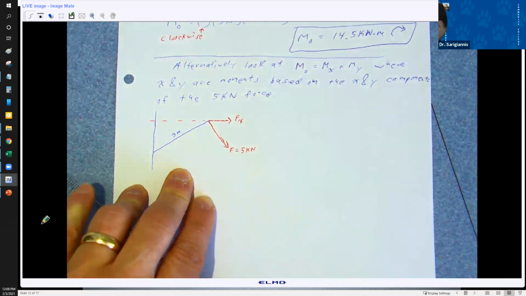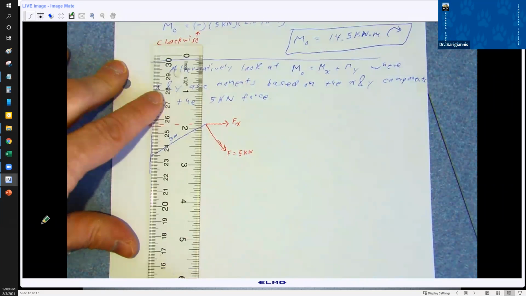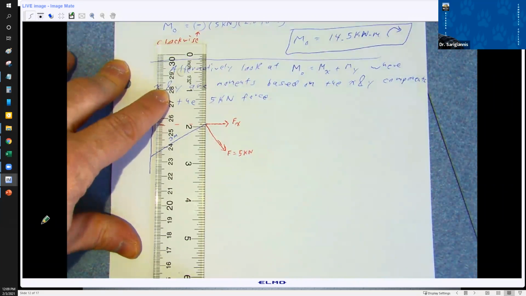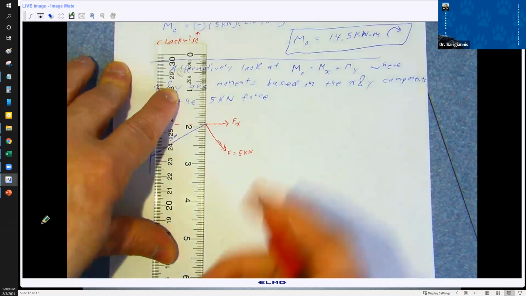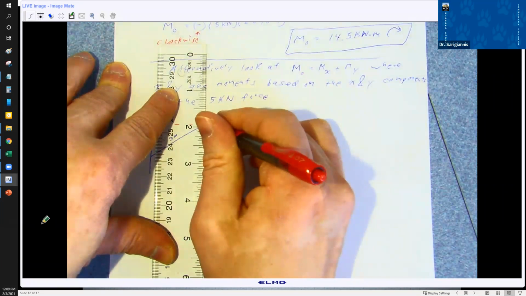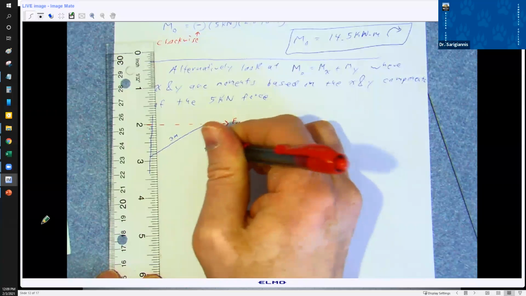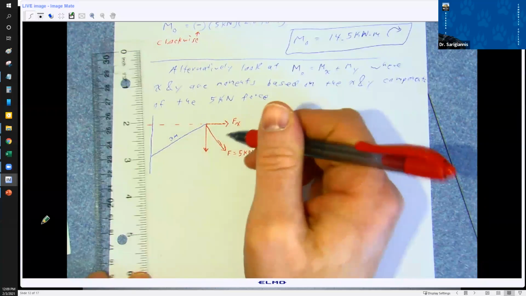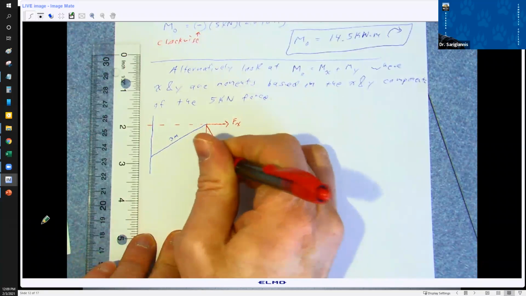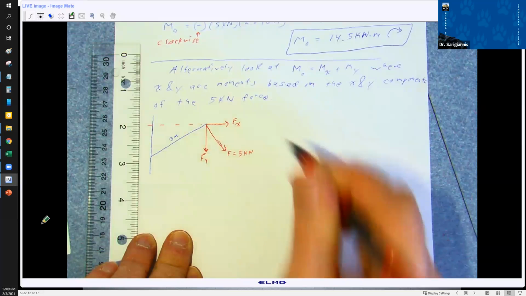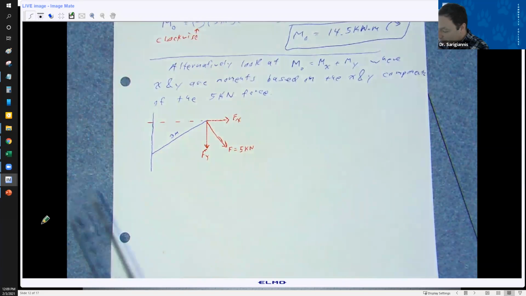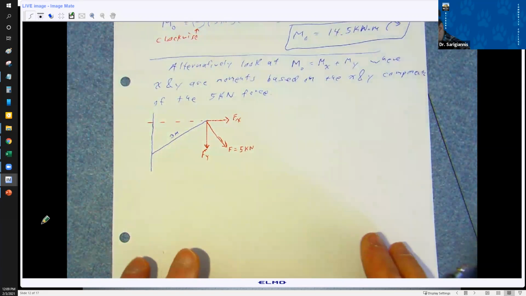We have an X component and we have a Y component, so I'm going to draw that Y component like this. All right.